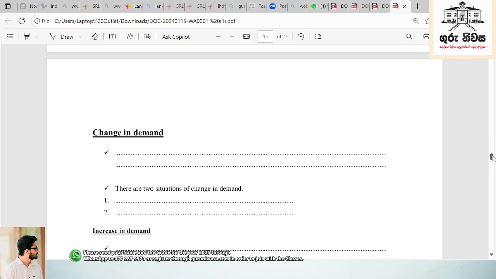Right. Next one, Lamai, change in demand. Now you know the reason, Lamai. Simple. Put a star mark and write down: change in demand.